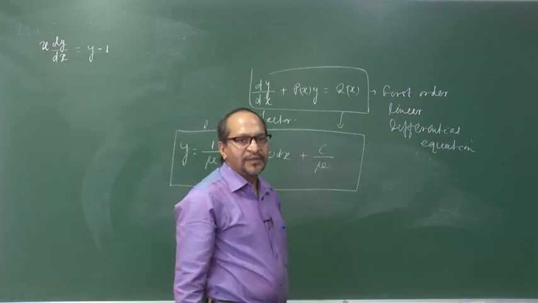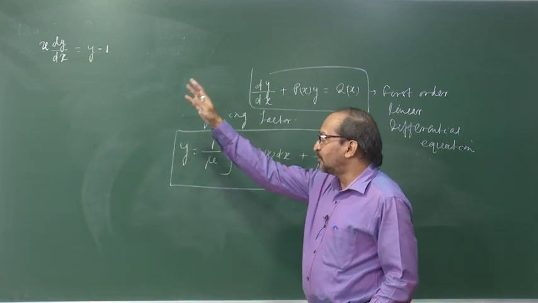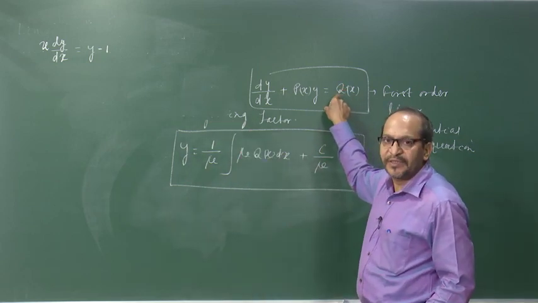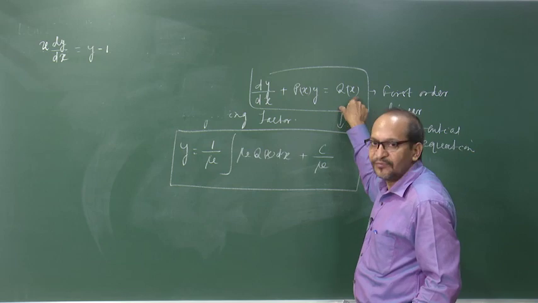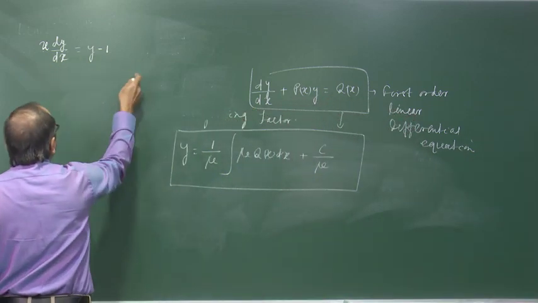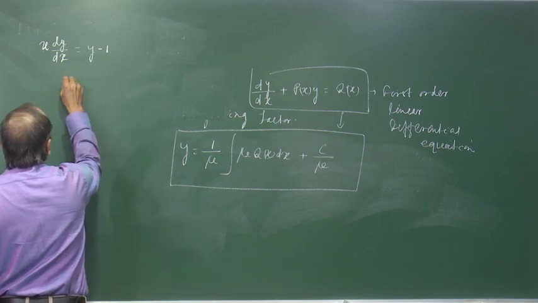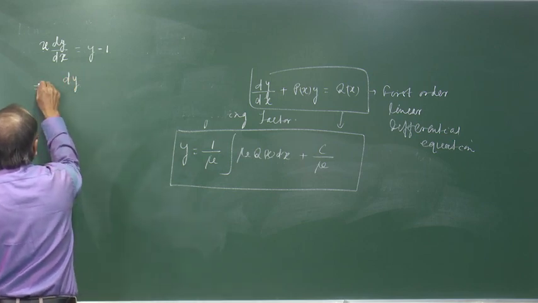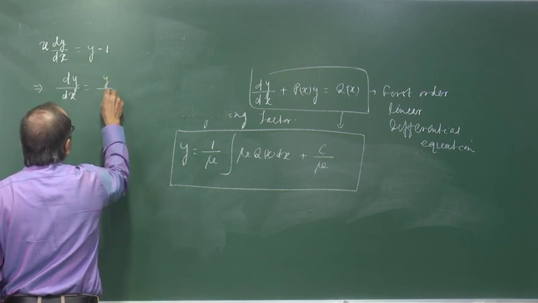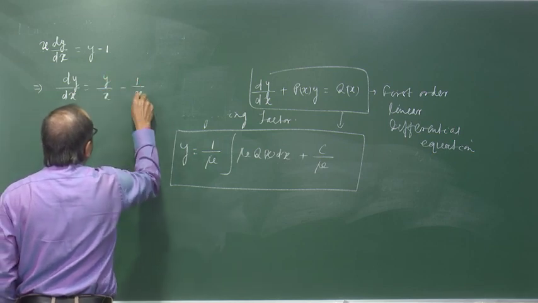So, first our task is to rearrange this differential equation in the linear first order differential form. So, we have to take x to this side, so that dy/dx = y/x minus 1/x.